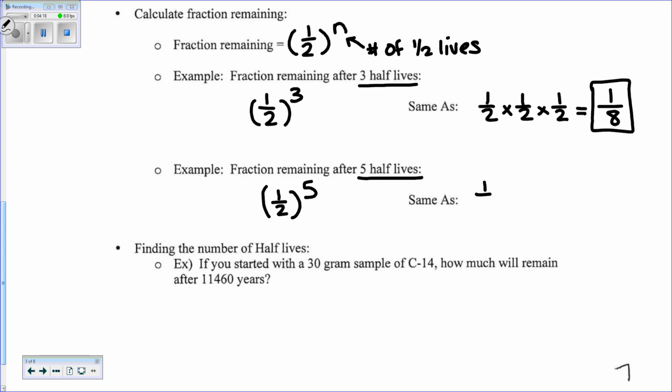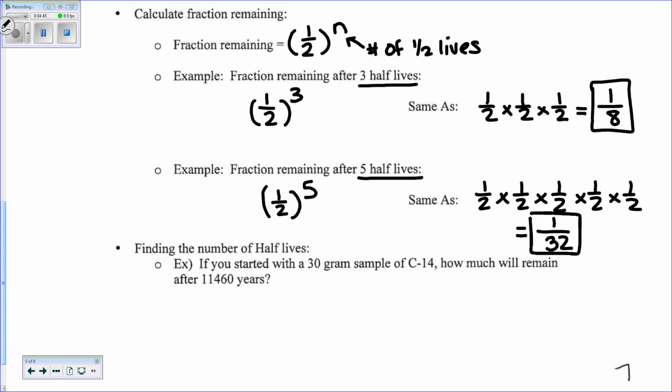So I would go 1/2 times 1/2 times 1/2 times 1/2 times 1/2. Count 1, 2, 3, 4, 5 halves. So again, I multiply across the ones. I get 1. And then I go across the bottom. 2 times 2 is 4. 4 times 2 is 8. 8 times 2 is 16. 16 times 2 is 32. So after 5 half-lives, I will have 1/32 of my original sample.